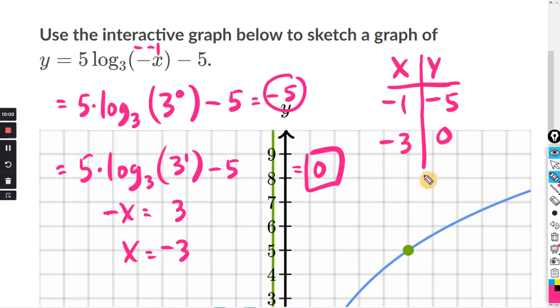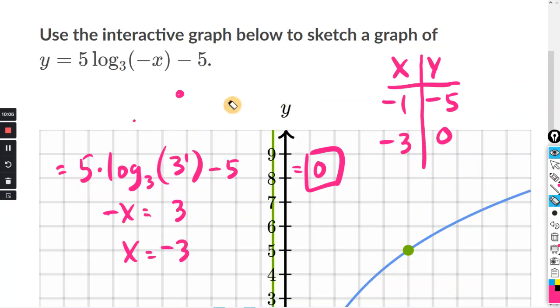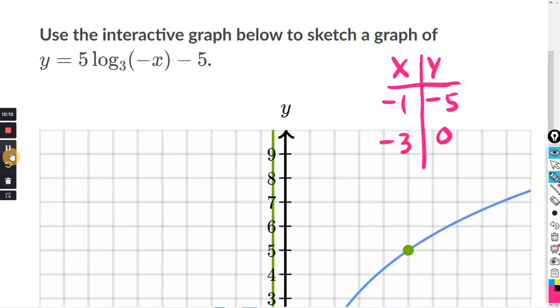All right, so we have 2 points, and let's see if we can find the asymptote. I don't think it will be too difficult. Now, as x gets more and more negative, this whole thing gets more and more positive. So you can keep going in the negative direction, and y is going to get more and more positive.